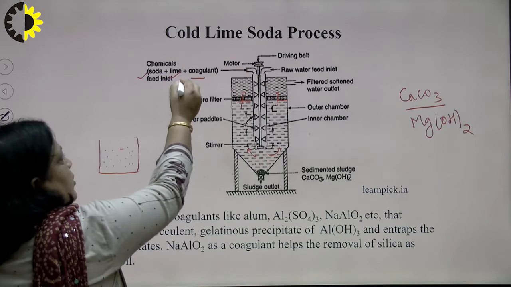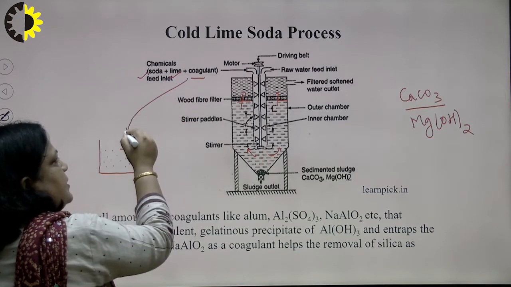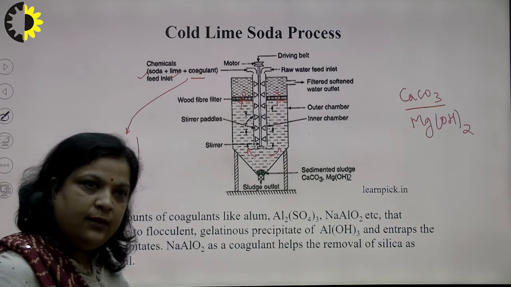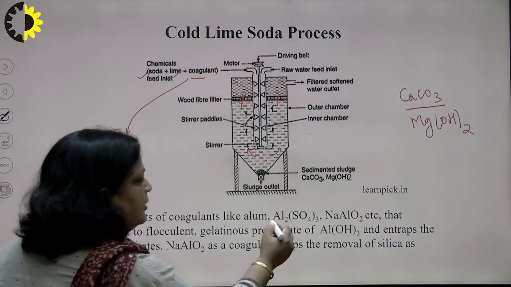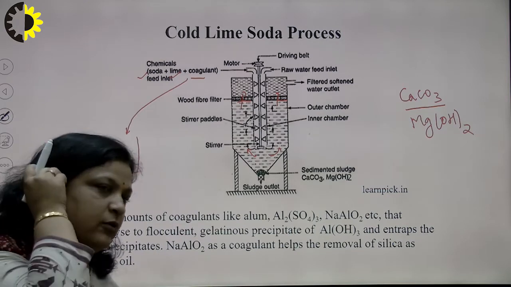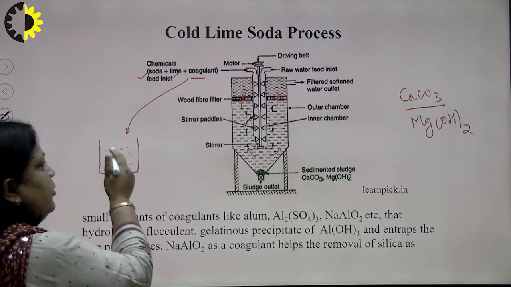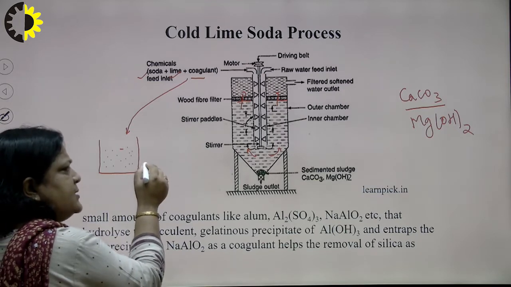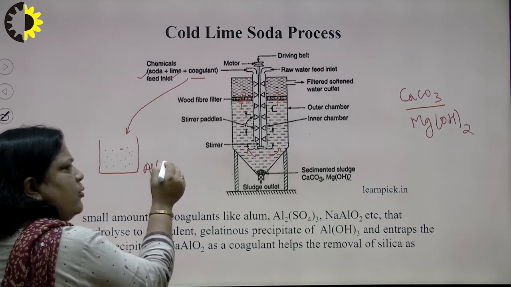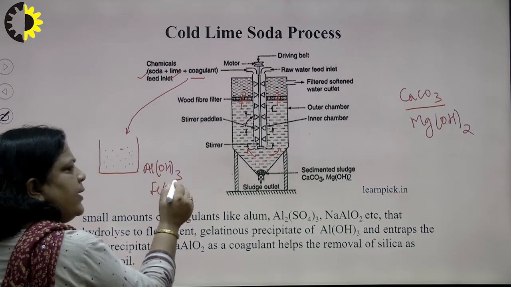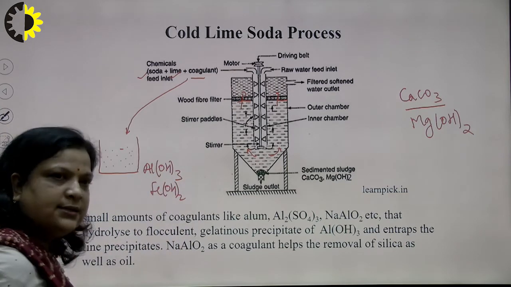If we add coagulant, coagulant means sodium aluminate, aluminum sulfate, Al2(SO4)3, or we can say FeSO4. When we add coagulant, they basically get hydrolyzed. Hydrolyzed means aluminum forms Al(OH)3 and iron forms either Fe(OH)2 or Fe(OH)3.